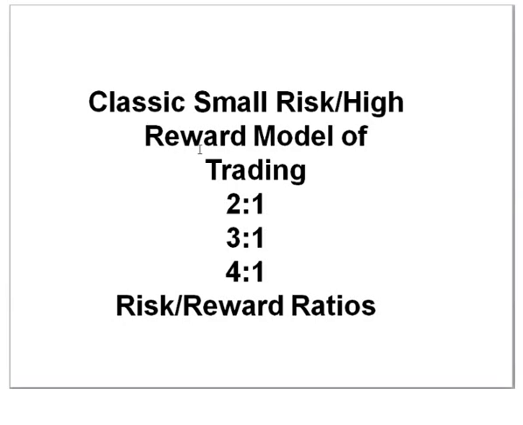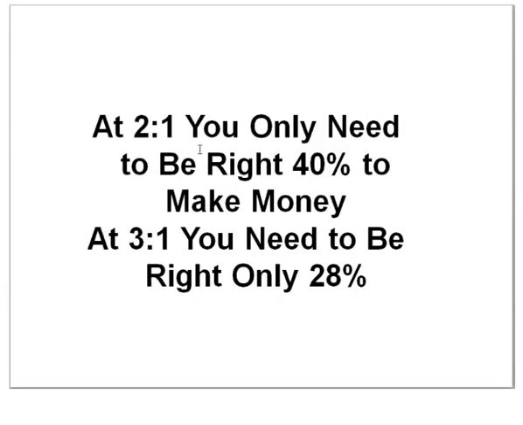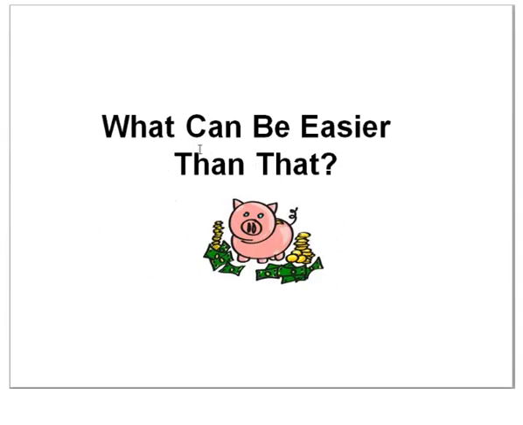Just one trade out of 3 on a 4-to-1 basis would pay for all of your losses and provide a full profit at the end. This is the positive risk reward ratio of the venture capital model that almost everyone teaches you. At 2-to-1, you only need to be right 40% to make money. At 3-to-1, you only need to be right 28% to make money. Now, what can be easier than that?